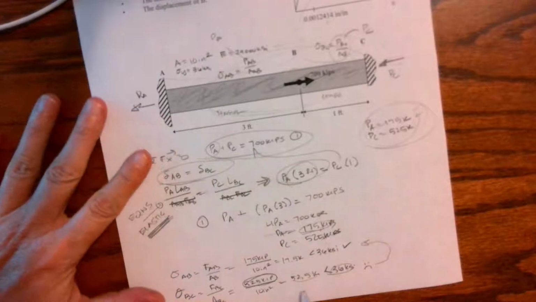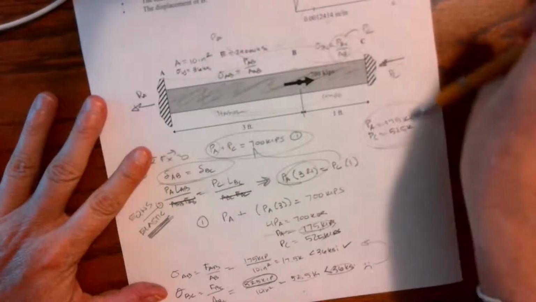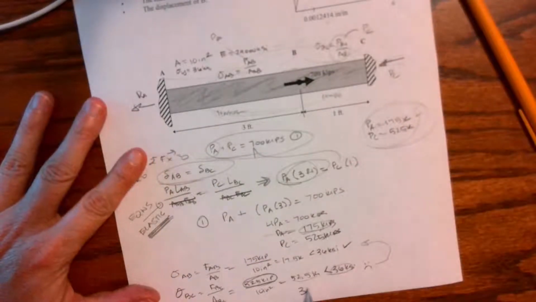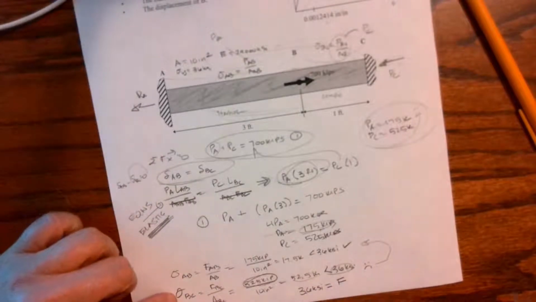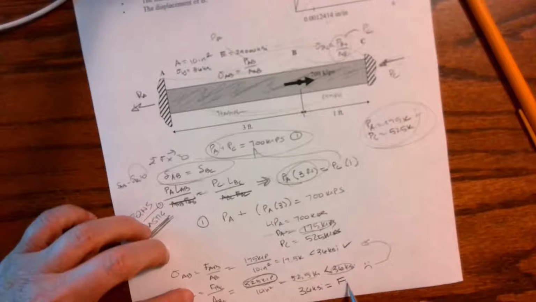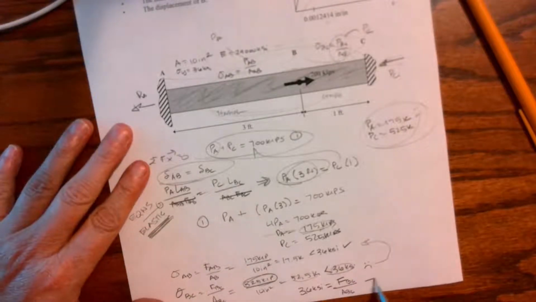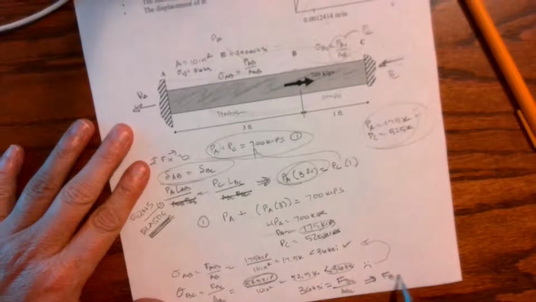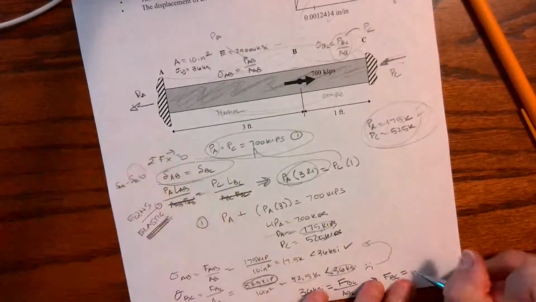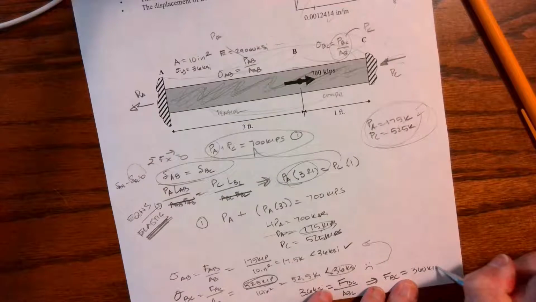So, if the maximum stress I can have is 36 KSI, well, stress equals force in BC divided by area of BC, and I get then the maximum force we can have in BC is 360 kips.